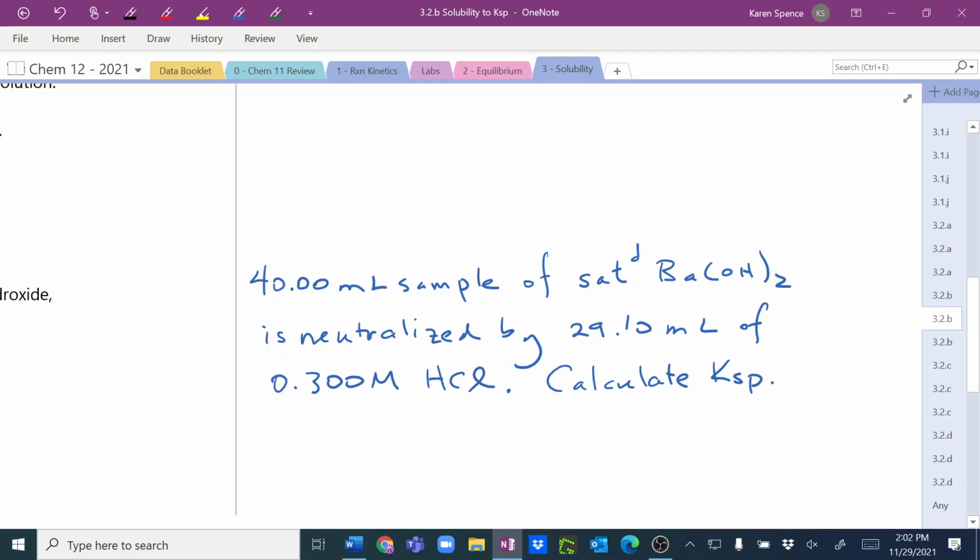However, if we want to actually calculate Ksp, would we be able to do that if we knew the solubility of barium hydroxide?